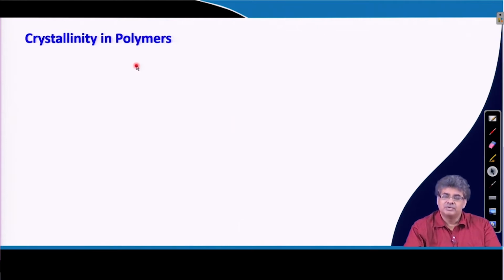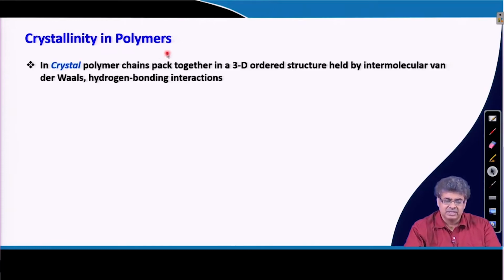Now, I move to today's topic on crystallinity of polymers. In a crystal, polymer chains are packed together in a 3D ordered structure held by intermolecular forces like van der Waals forces and hydrogen bonding interactions.